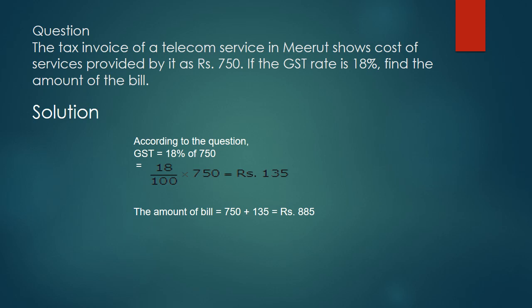This tax will be added to the cost of services provided by the company. So the total amount of the bill will be 750 plus 135 rupees, equal to rupees 885.